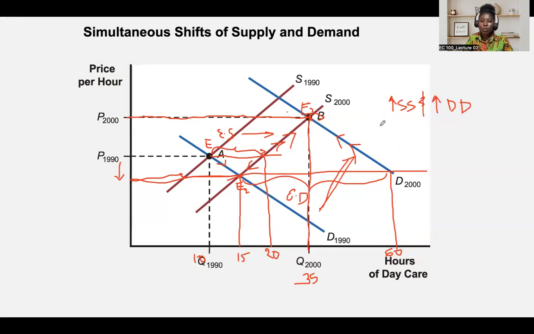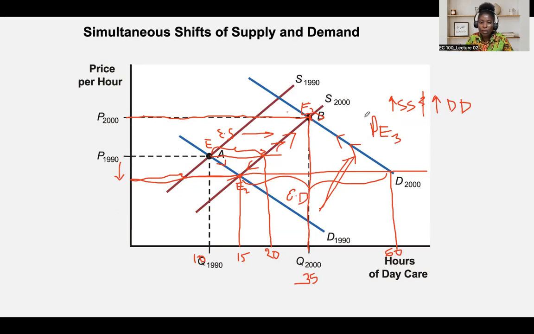So what happens to the final equilibrium price? This was the initial one, to move to the second, to the third. So we're looking at the third equilibrium. The price was here, now the price is here.